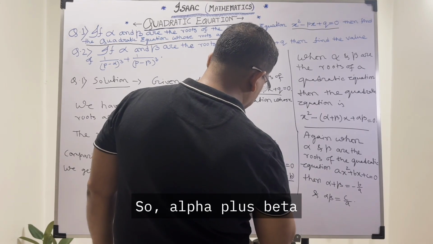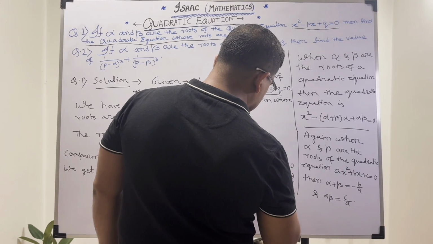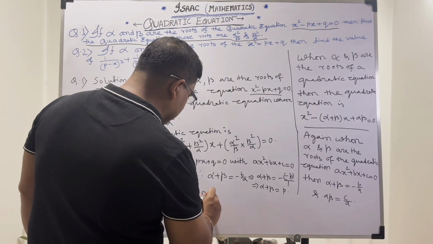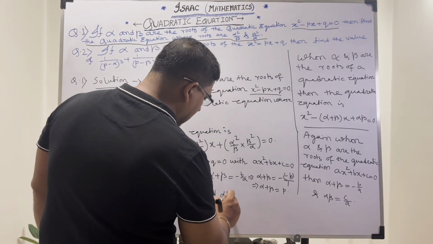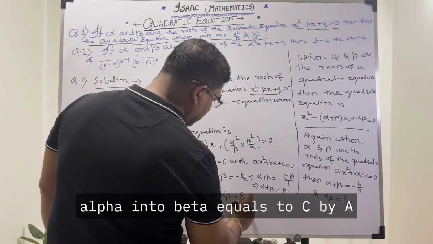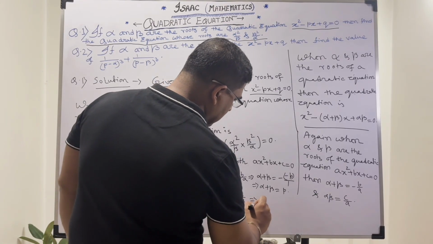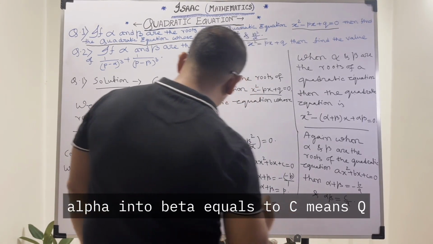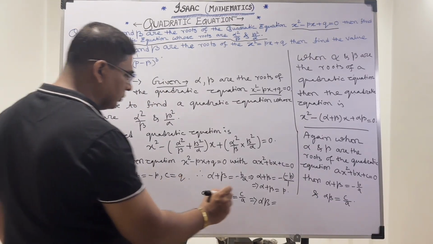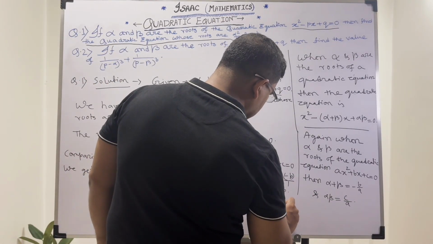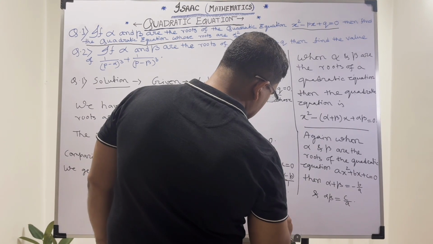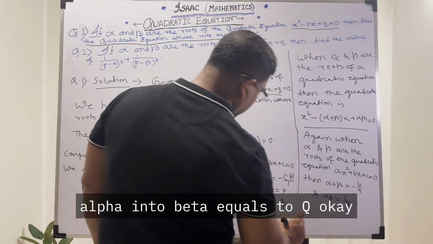So alpha plus beta becomes p and alpha into beta equals to c by a implies alpha into beta equals to c means q, q by 1 implies alpha into beta equals to q.